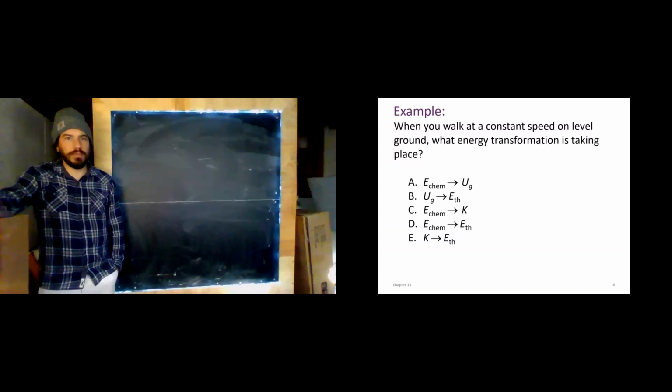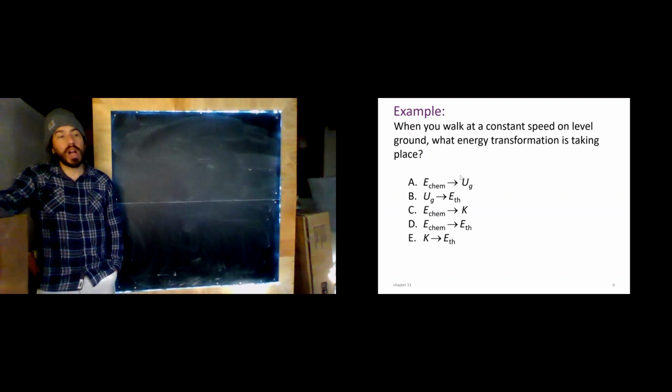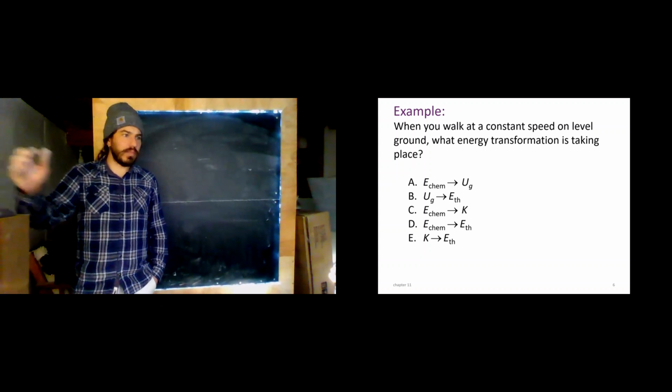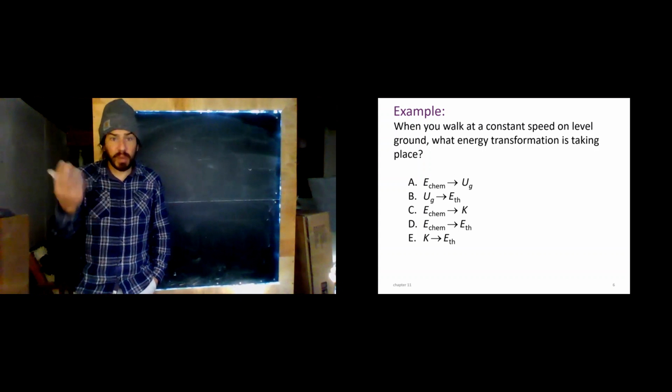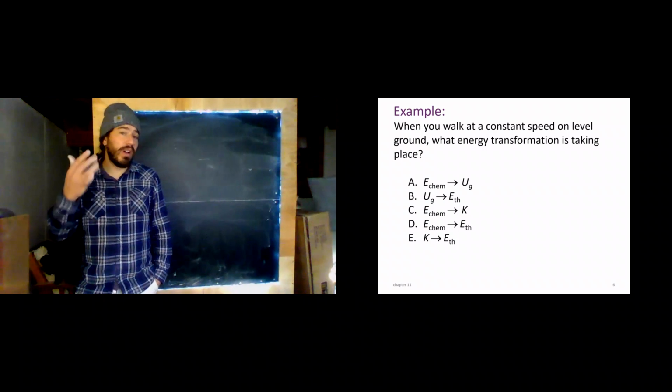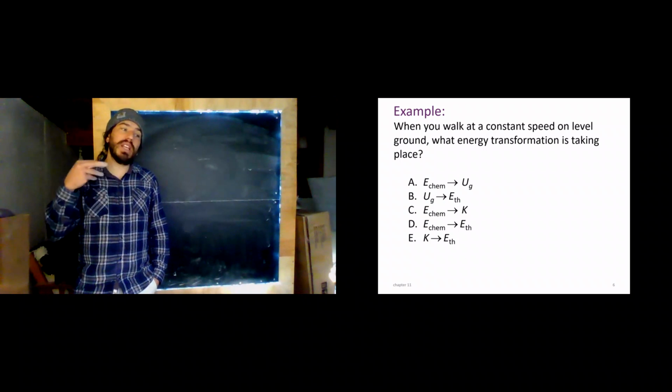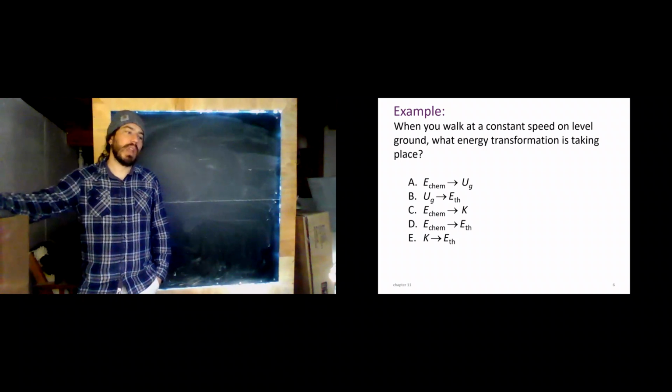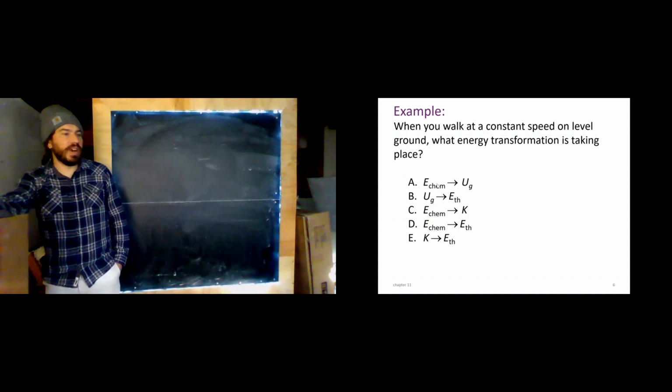Okay. Here's a clicker question. When you walk at a constant speed on level ground, what energy transformation is taking place? Well, let's see. We're talking about a person walking, and people run on chemical energy, always, right? So if you're talking about a human, then we all run on chemical energy. So it's definitely chemical to something. Constant speed on level ground.